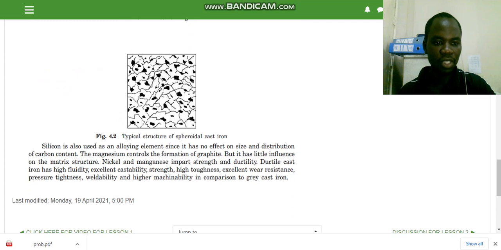So silicon is also used as an alloying element since it has no effect on size and distribution of carbon content. The magnesium controls the formation of the graphite, but it has little influence on the matrix structure.